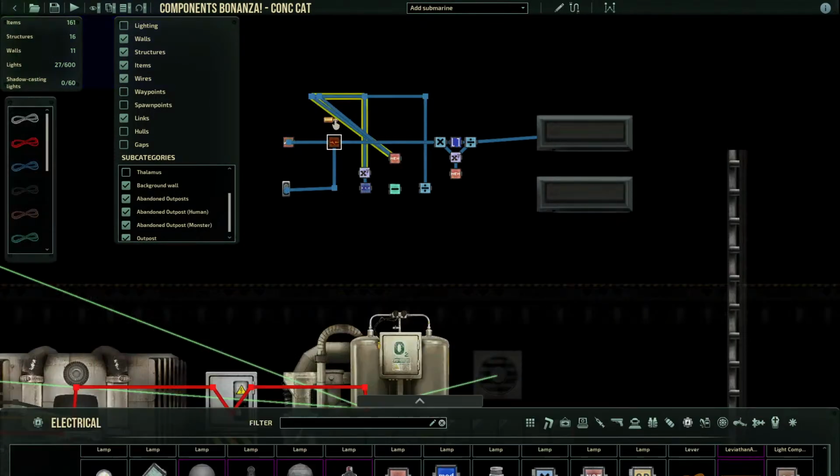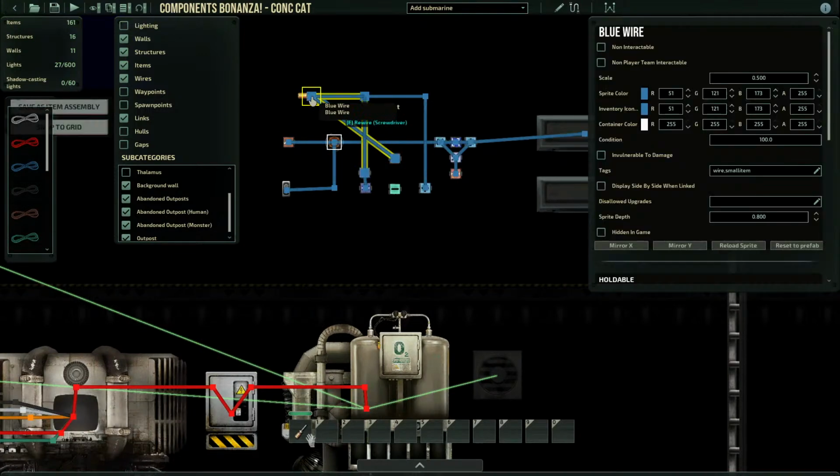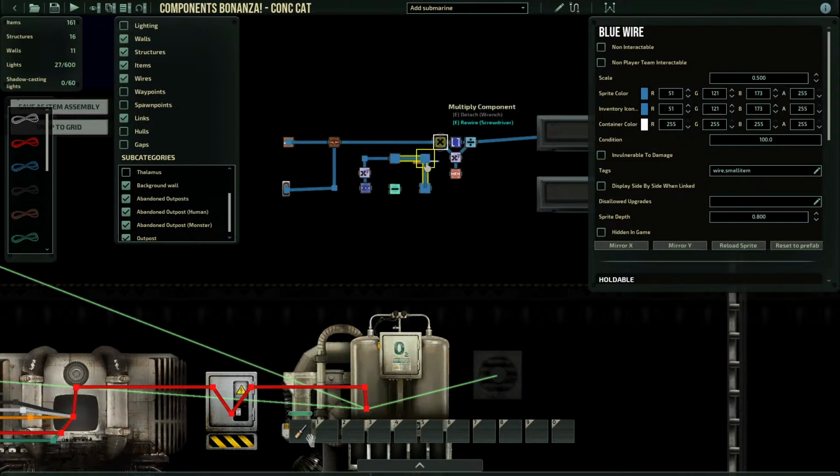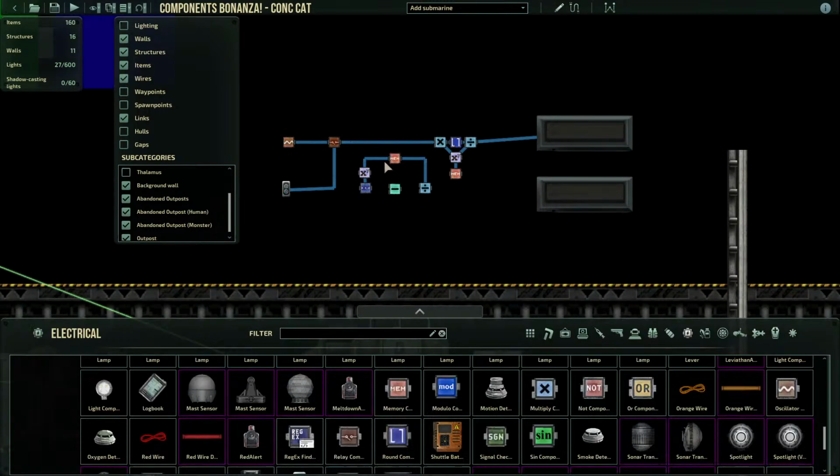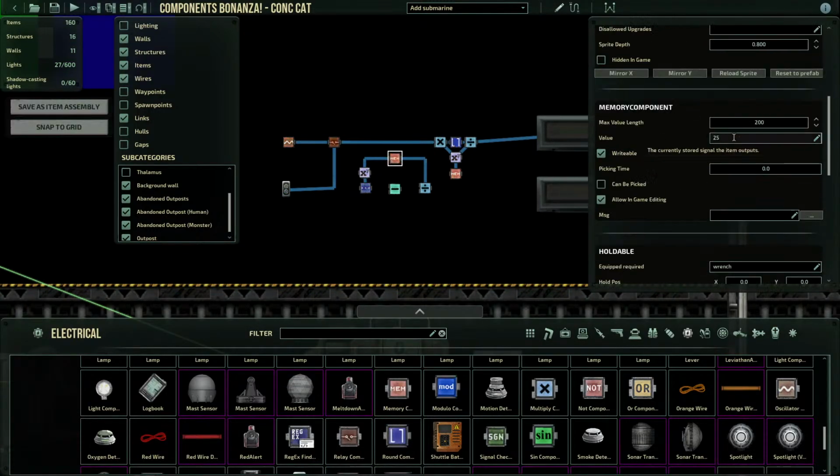So I put this here, and then I'm going to get rid of these blocks. So this is going to be our update frequency.